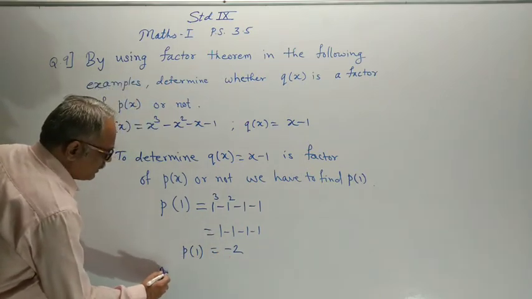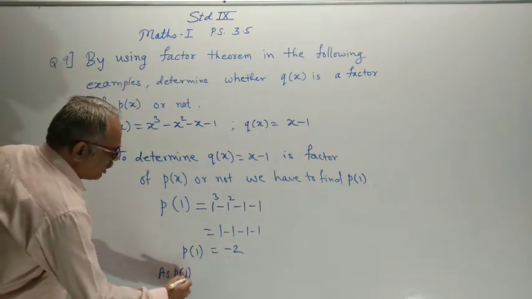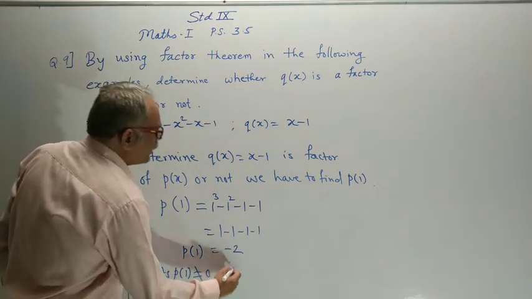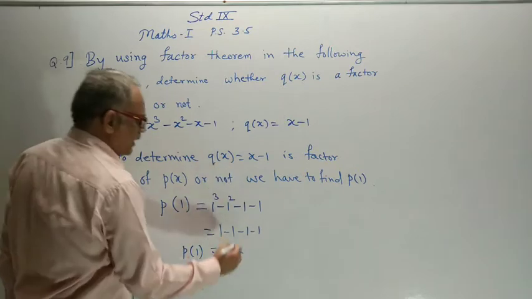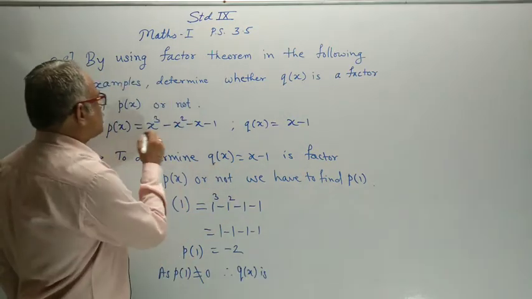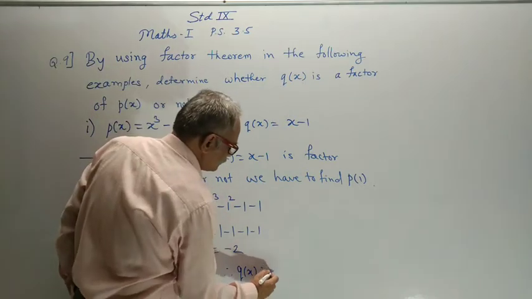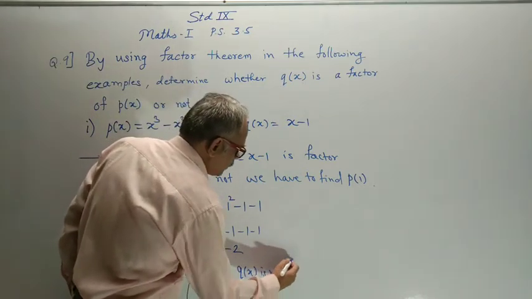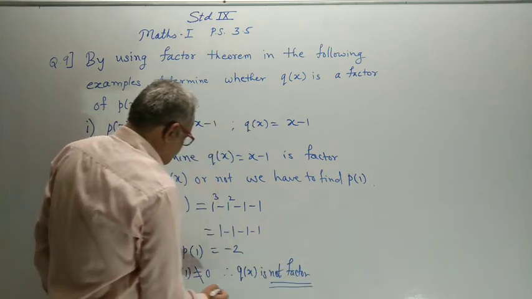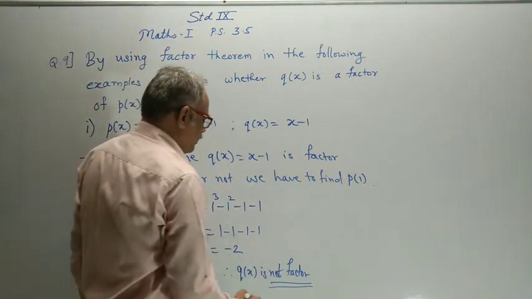As P of 1 is not equal to 0, therefore x minus 1, that is Q of x, is not a factor of P of x. Not a factor is the answer. Why not a factor? Because it is not 0, it is a value other than 0.